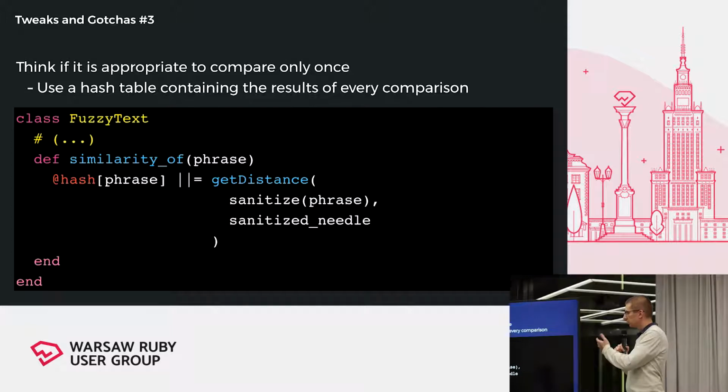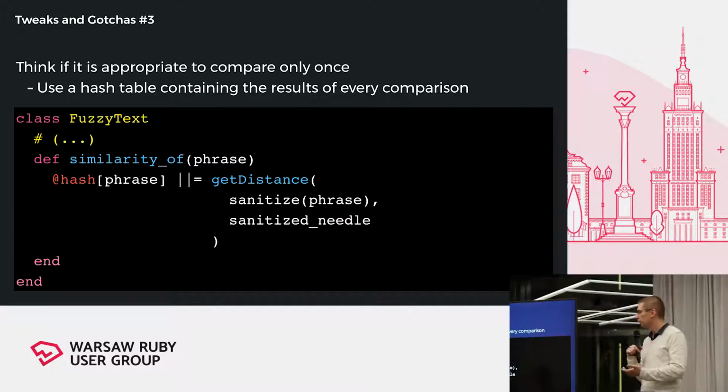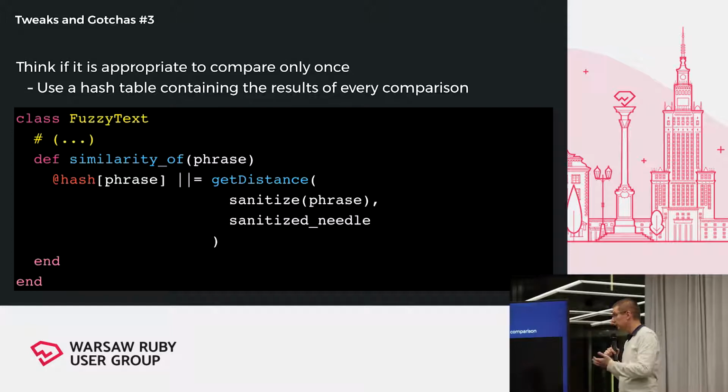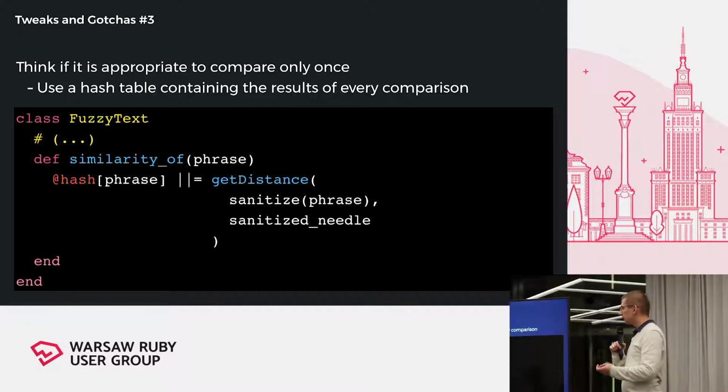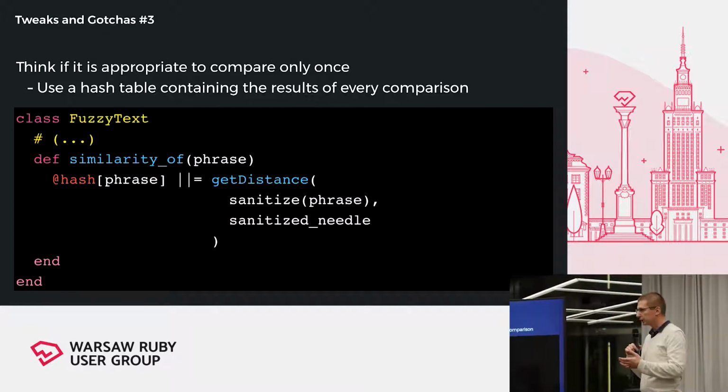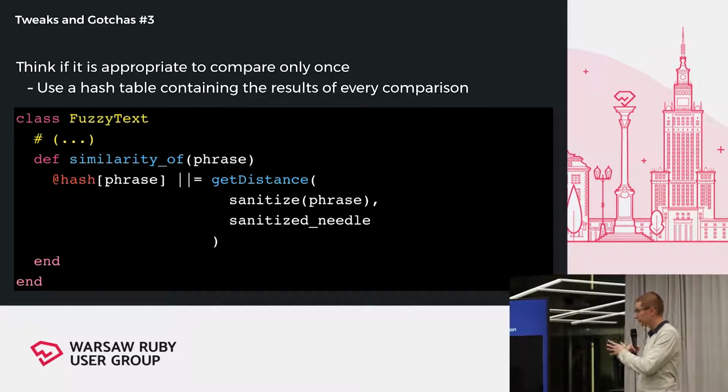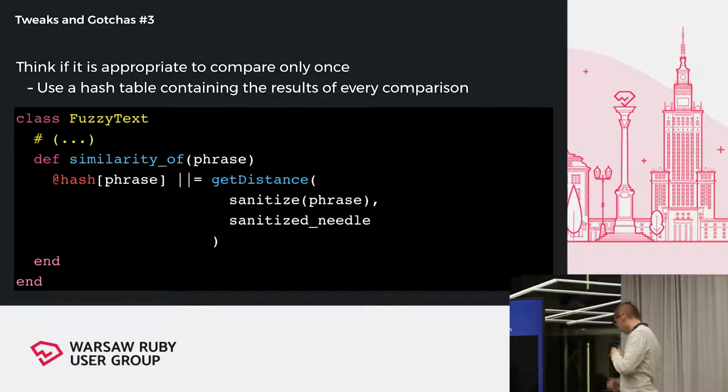In this algorithm, when you start cutting words from the left and from the right, you get into situations when you really compare the same phrases over and over again. So such a hash table might come handy. However, when the texts aren't that long, the execution time of the similarity check is so low that for the most part, you don't even need it.